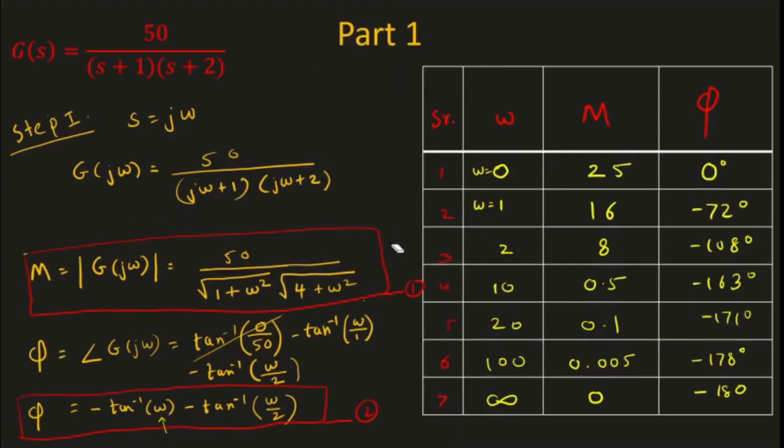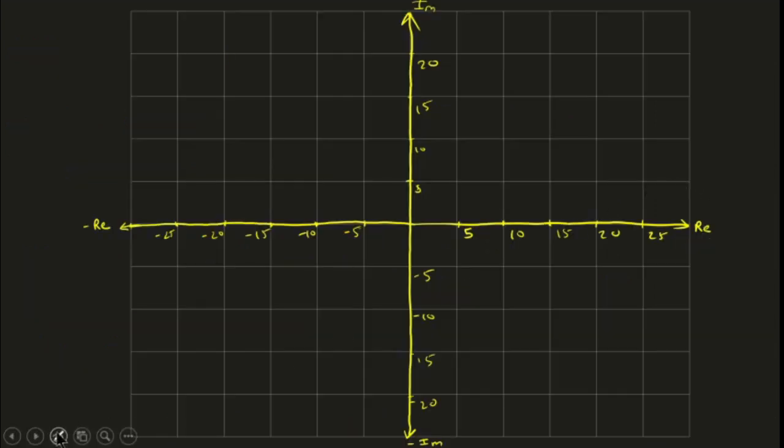The first point, for omega equal to 0, has magnitude 25 and phase 0. We first take an angle, that is 0 degree here, and then if you measure the angle in the anti-clockwise direction, this point on the negative axis will be at minus 90 degree, this negative real axis will be at minus 180 degree, and this is at minus 270 degree.